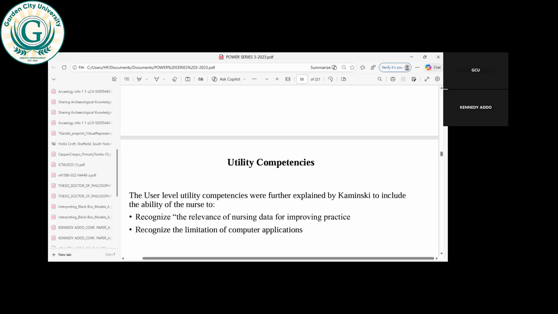Then recognize the limitations of computer applications. In the professional context, when the computer you are using has some glitches or hitches, are you able to identify them and, to your level of knowledge, resolve them?